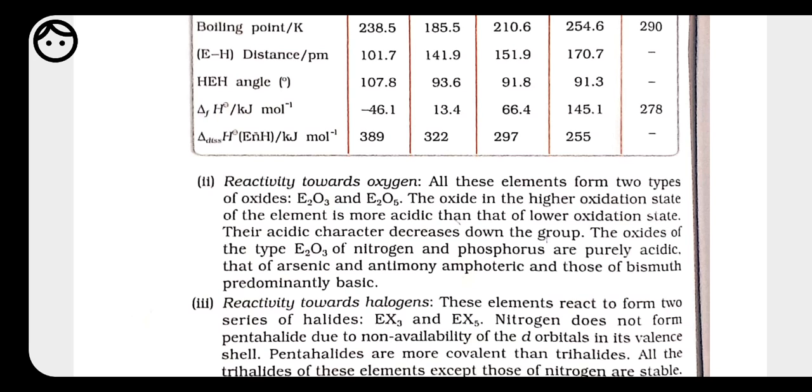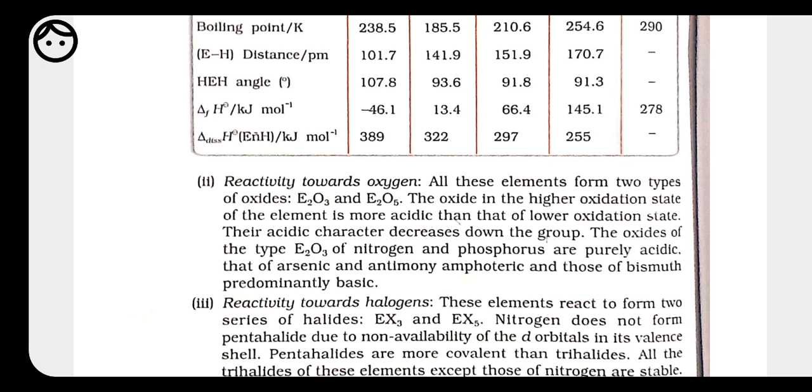Their acidic character decreases down the group, because as we move down a group, metallic character increases, and metallic oxides are basic in nature. The elements present above are non-metals, so non-metals form acidic oxides and metals form basic oxides.